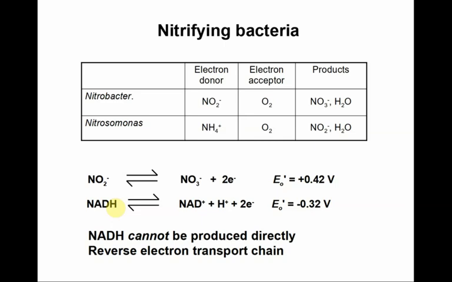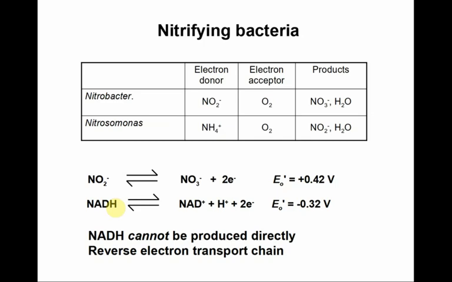You can also use it to generate NADH by what's called reverse electron transport. Normally, as we saw for respiration, electron transport is from NADH to some inorganic electron acceptor.